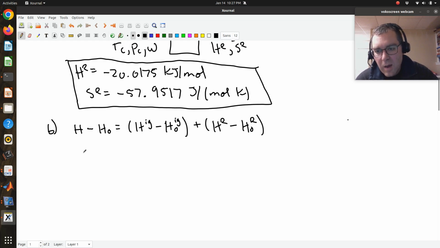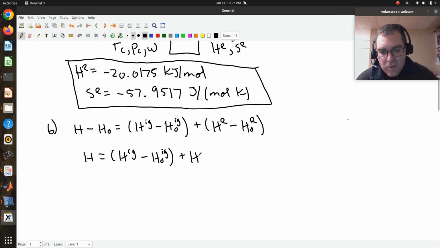And then on the next line, I'm just going to bring H naught over. So H, this absolute quantity that I'm trying to compute, is equal to H ideal gas minus H naught ideal gas plus HR minus H naught R plus H naught.